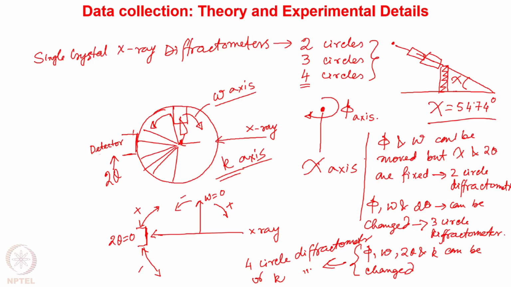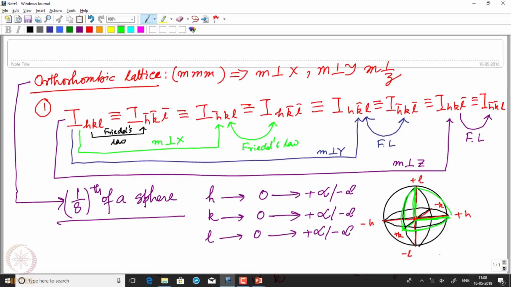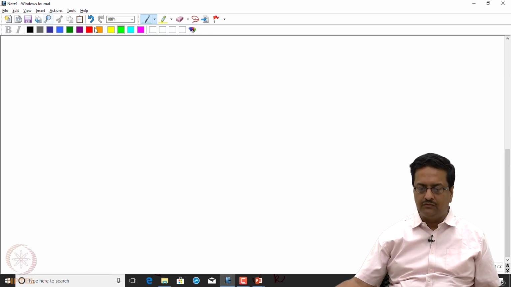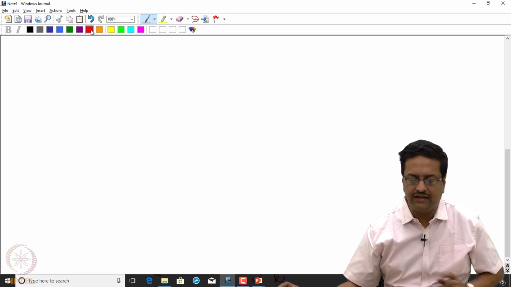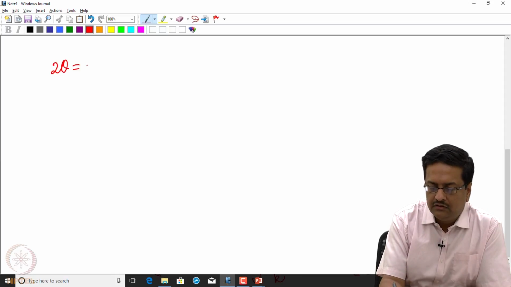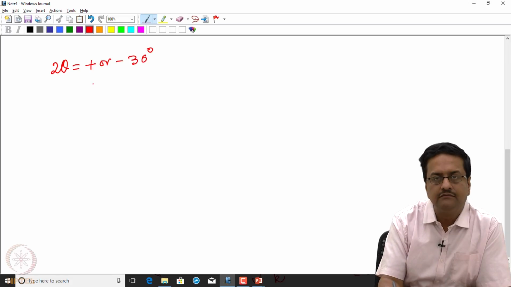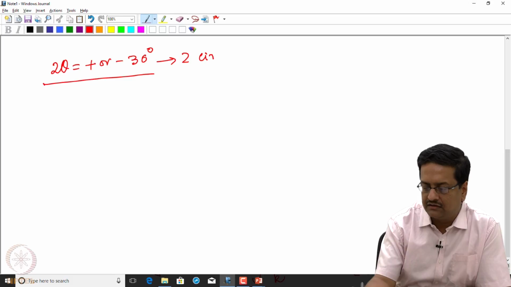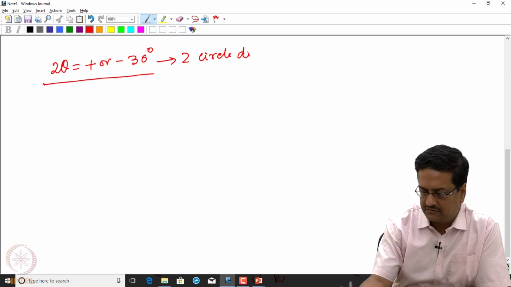In case of any 2-circle diffractometer, the 2 theta value is generally fixed at plus or minus 30 degree.